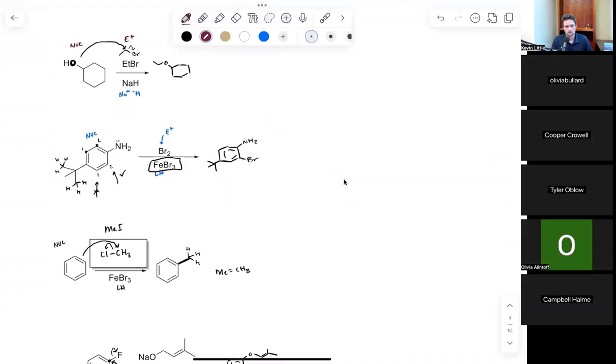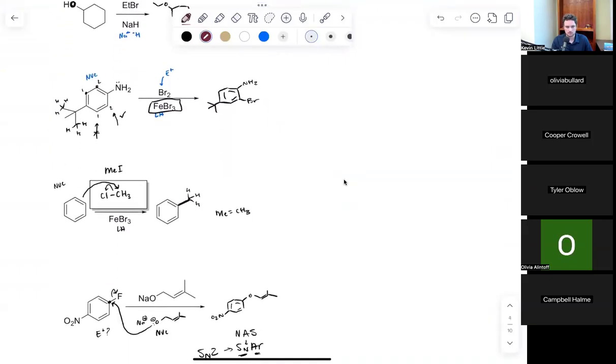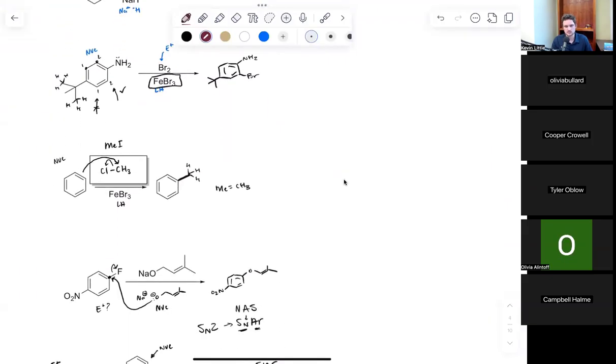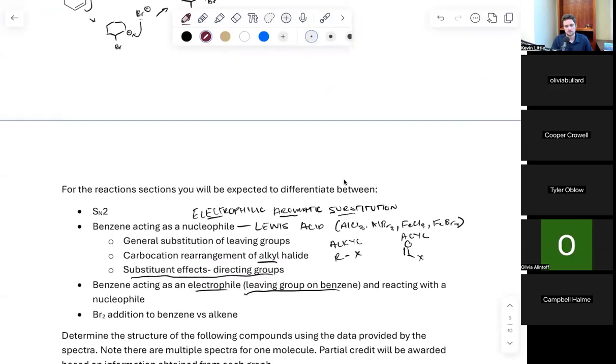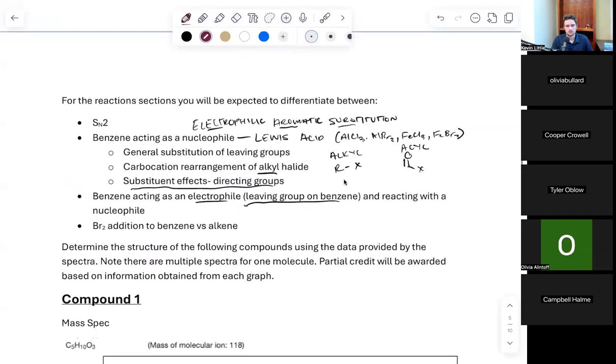Here, it's either going to be a substitution, an SN2, an SNAr, or an EAS. But we will get to eliminations.